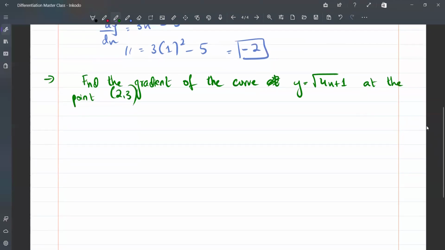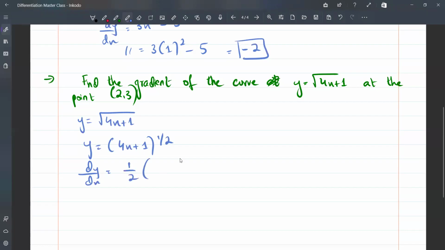All right, so let's do this. y is equal to under root 4x plus 1. We can rewrite this as 4x plus 1 to the power 1 upon 2. So if you differentiate it, you will get 1 upon 2 into 4x plus 1 to the power 1 upon 2 minus 1, which is minus 1 upon 2, into the differential of this bracket, which is 4.